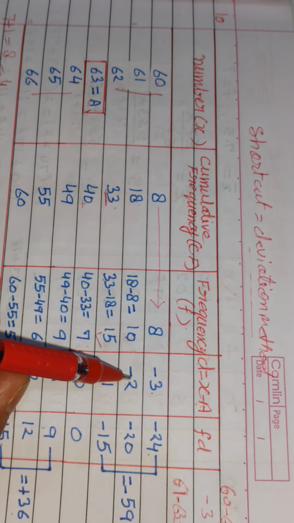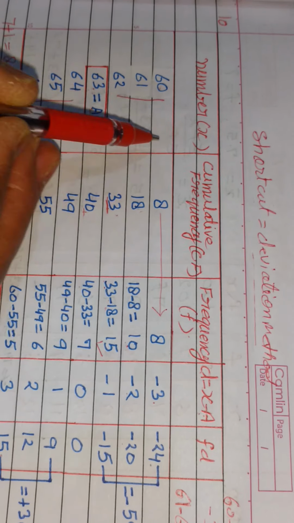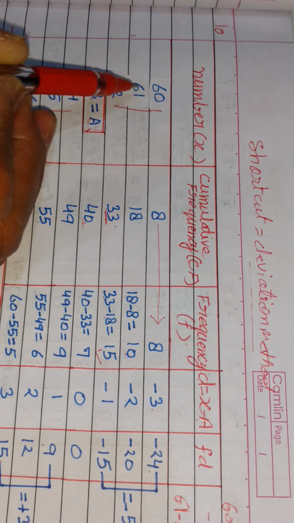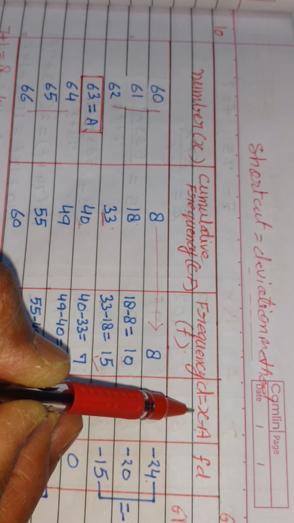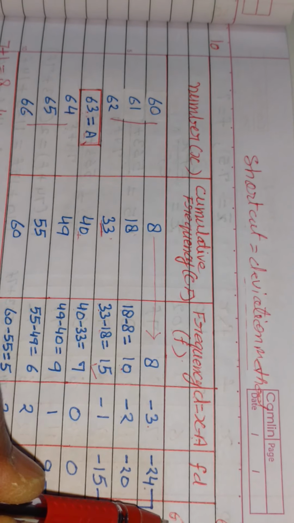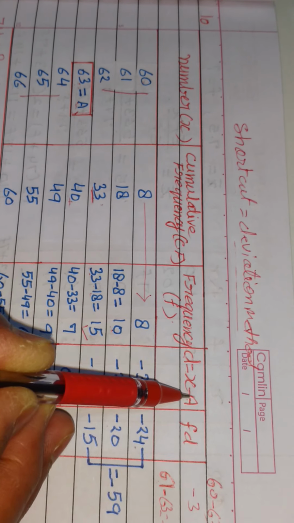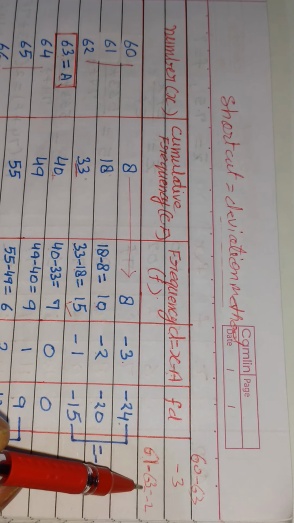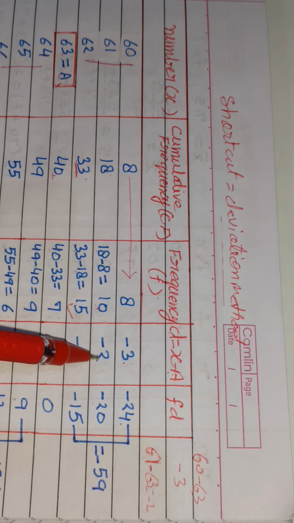Similarly, to get the second, these are the values of x, and one by one of these values of x we will substitute here. So for the second, we take the second number 61, see 61 here, minus a is constant, that is 63. So 61 minus 63, it will come minus 2.